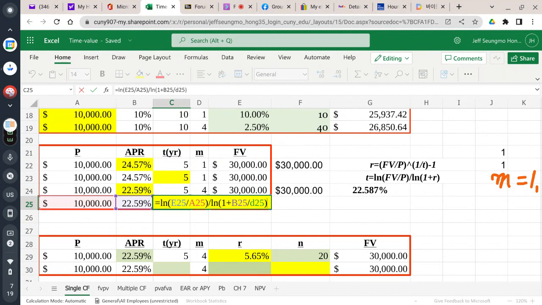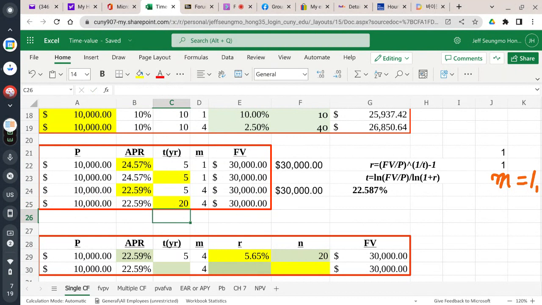It's not going to give us 5 because this is quarterly, so it will give us the time in quarters, not in years. So hit enter. It's 20 quarters, which is 5 years.